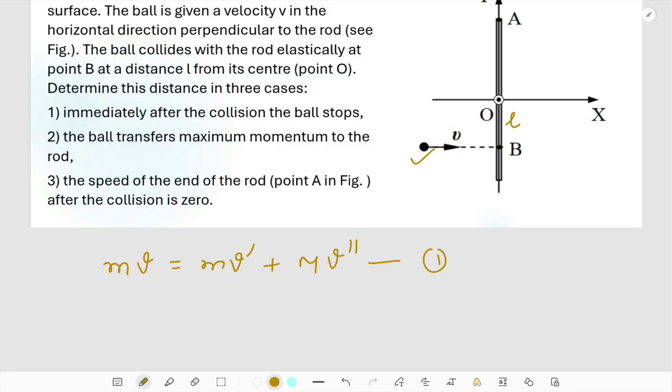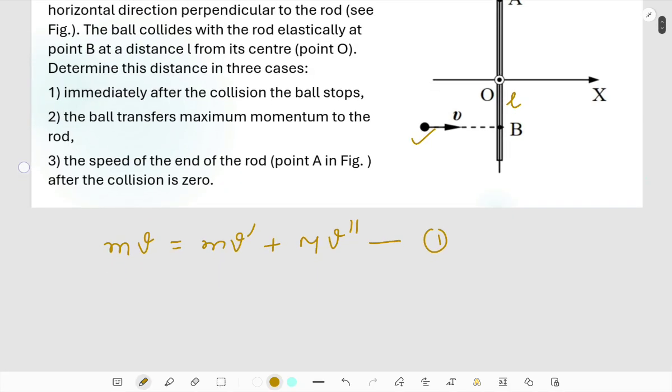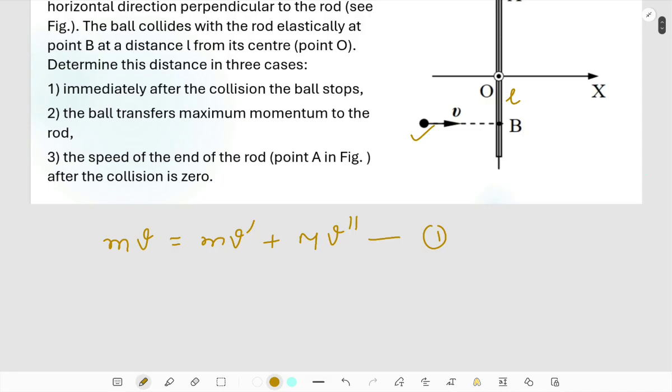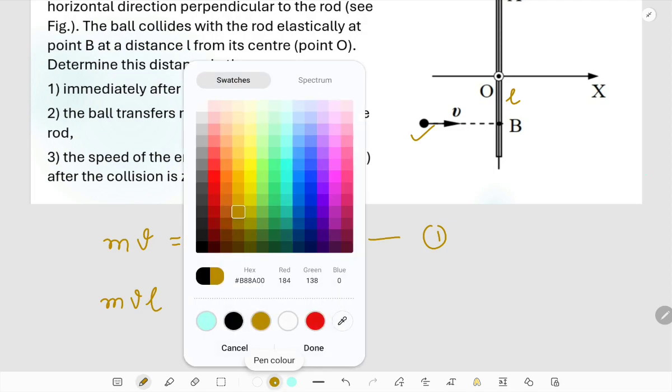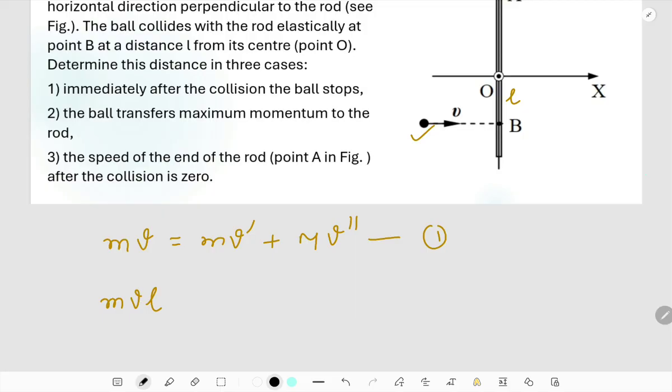Now I'm going to write the law of conservation of angular momentum relative to the selected axis. You can write mvl as the initial angular momentum, the moment of momentum before the collision.